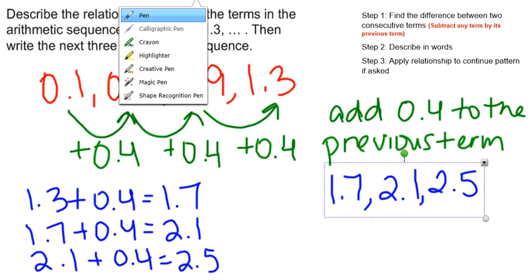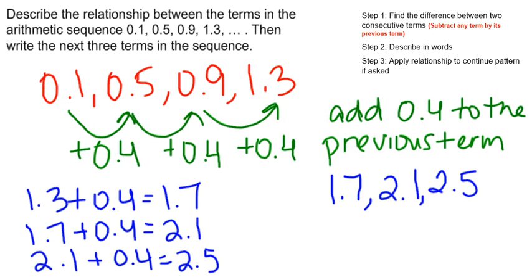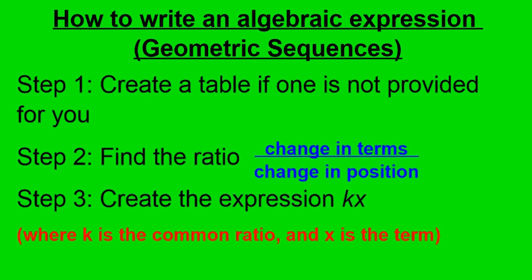Okay, now we're going to talk about how to write algebraic expressions, and this is for geometric sequences. Geometric sequences are different from arithmetic sequences because now instead of adding a number, we're just going to start multiplying. So our step one is to create a table if one's not provided for you. I just find that tables are more helpful to see the pattern.